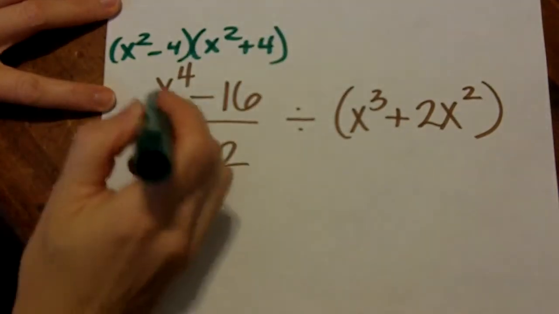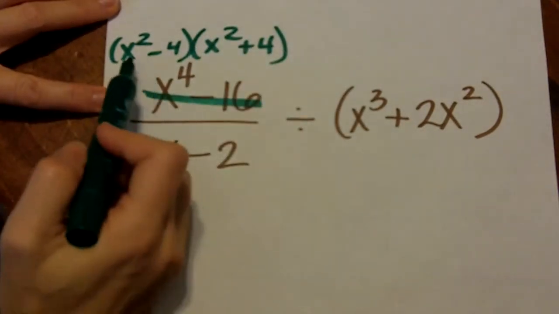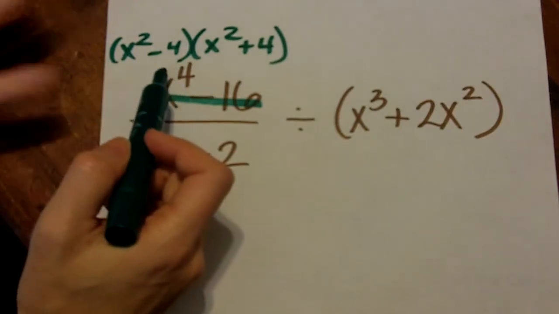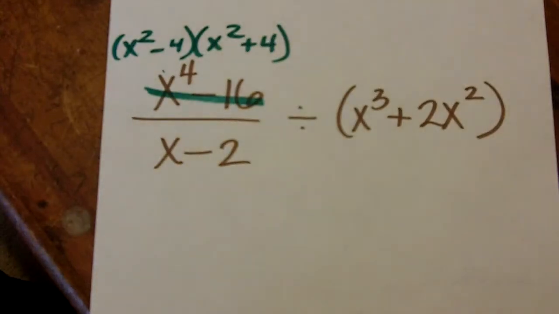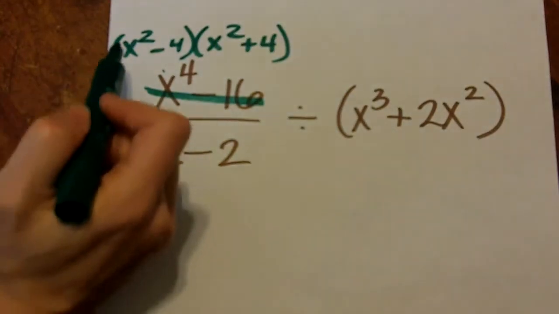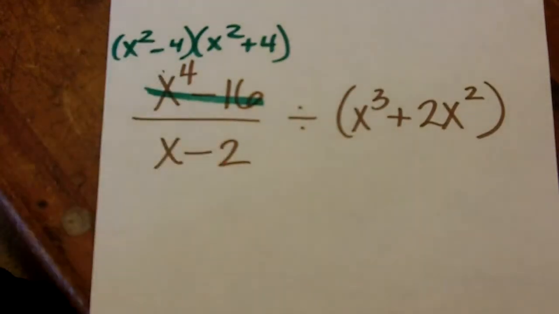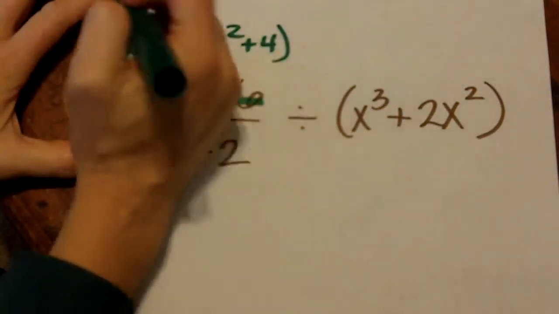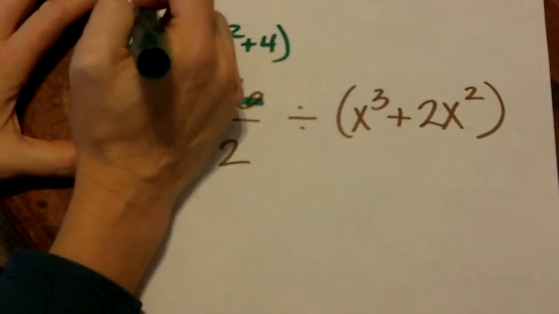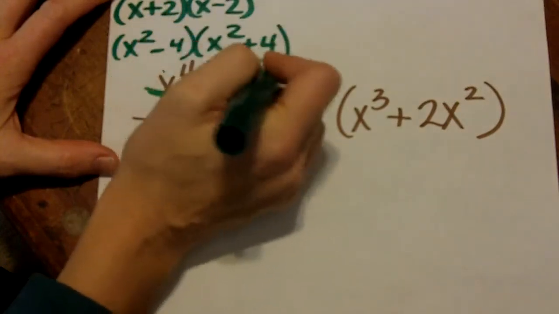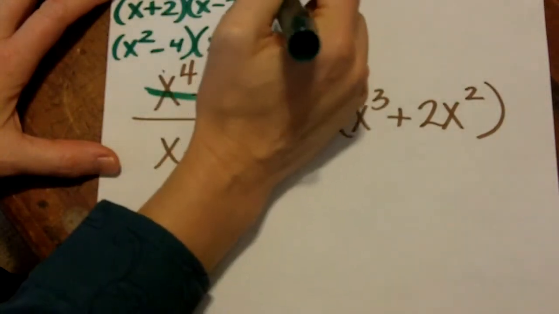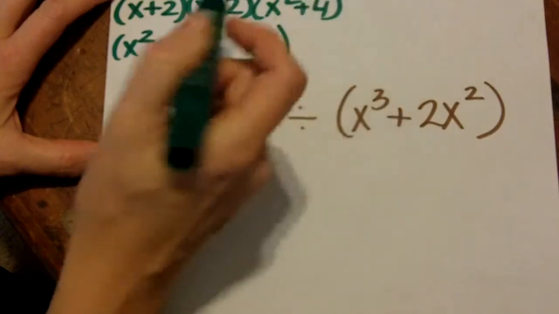But then after I have factored, I can look and see that I can continue going. Because I still have a binomial, I still can take the square roots of both, and it is still subtraction. Therefore, I'm going to factor that further and make it x plus 2, x minus 2, and then also keep this x squared plus 4, which I can't get rid of.